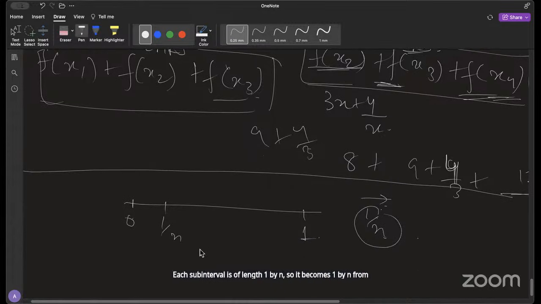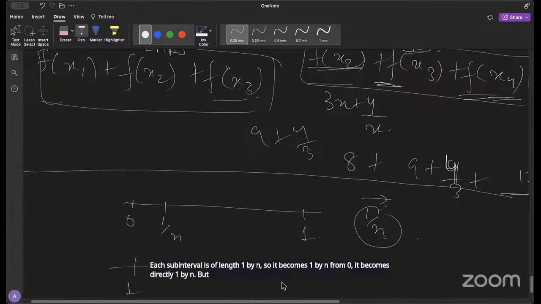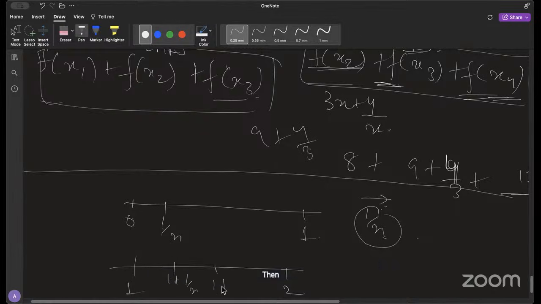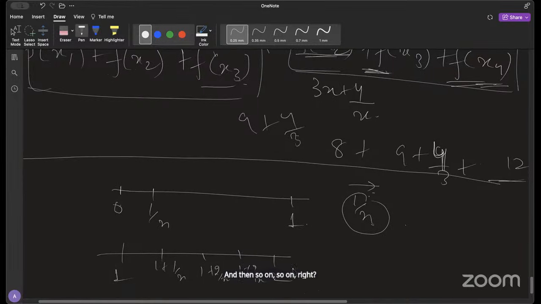From 0 it becomes directly 1 by n. But if this was the interval, then it will be 1 plus 1 by n, then 1 plus 2 by n, then 1 plus 3 by n, and so on. So here you'll have 1 plus n by n, which will give you 2.